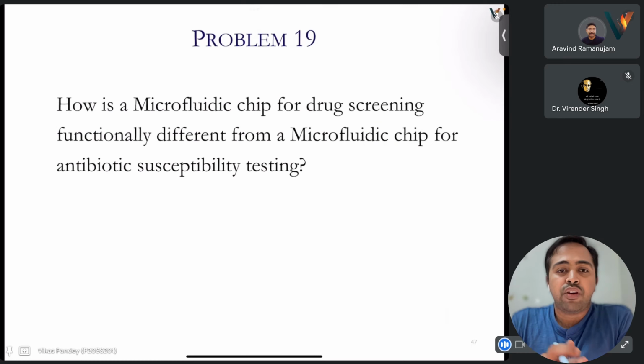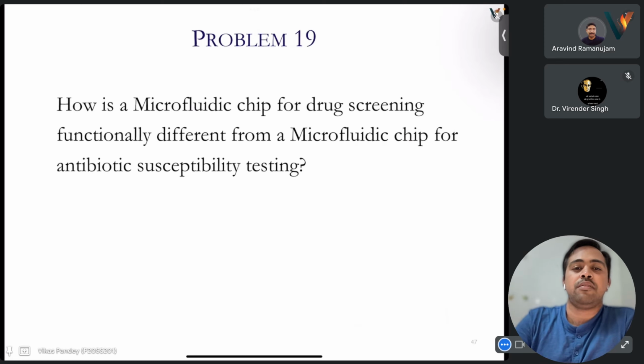How is a microfluidic chip for drug screening functionality different from a microfluidic chip for antibiotic susceptibility testing? What is the difference?